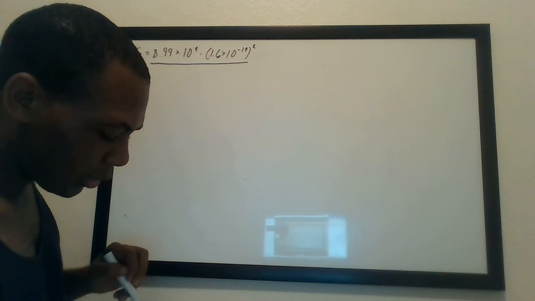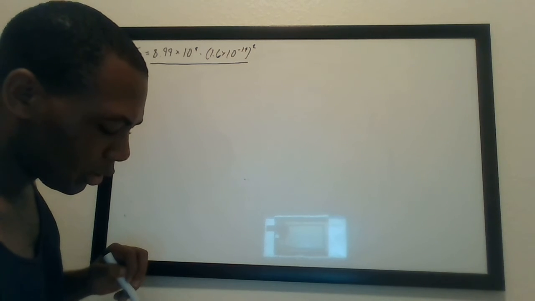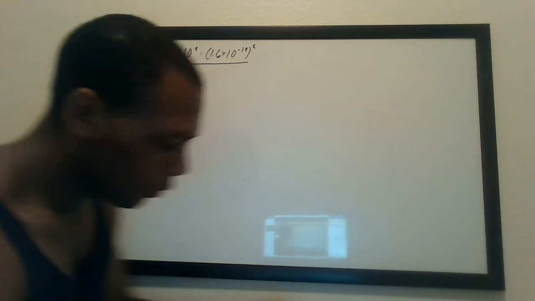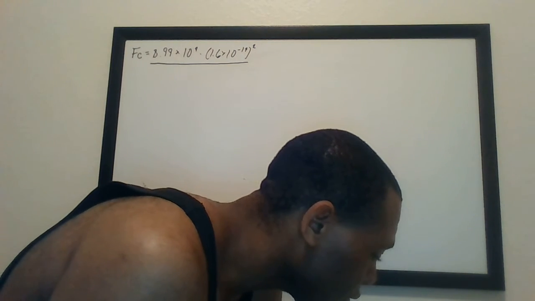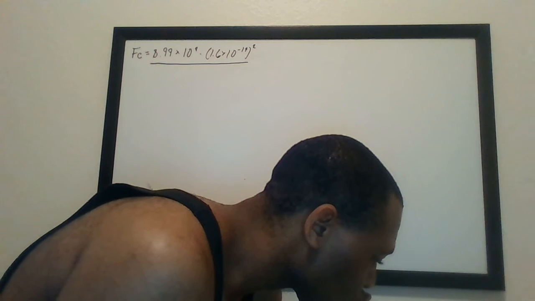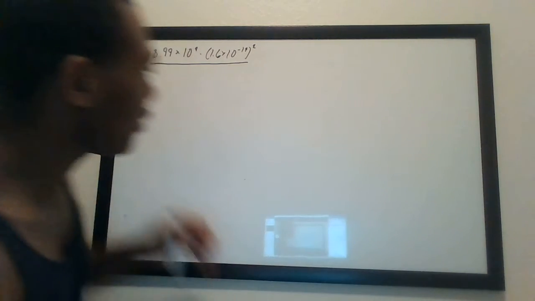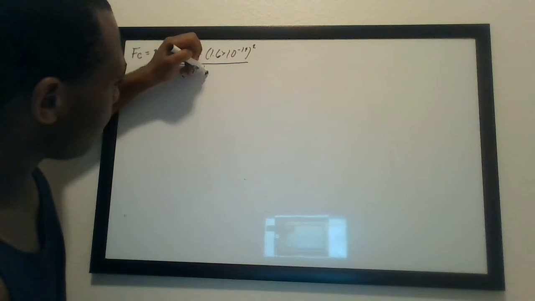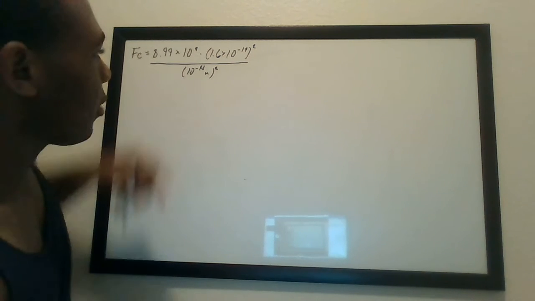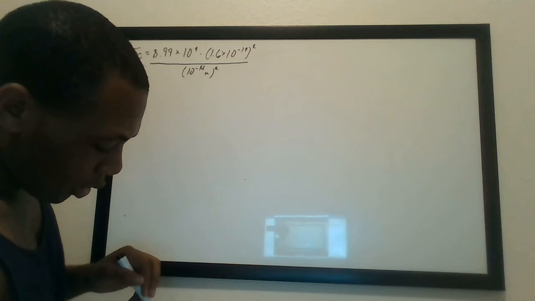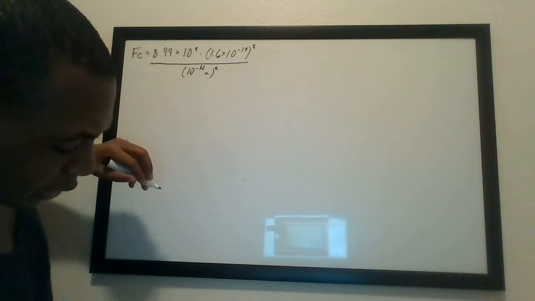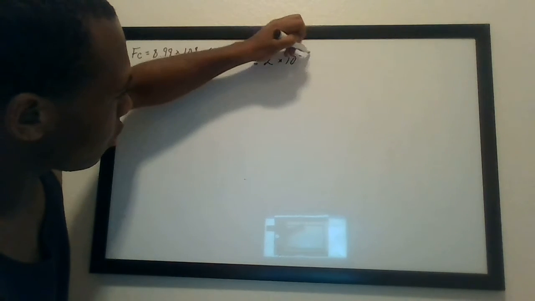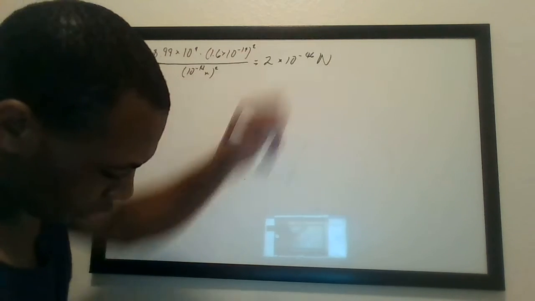The distance we had to look for was 10 to the minus 11, I believe. Nope, at a distance of 10 to the minus 14. So 10 to the minus 14 meters squared gives you 10 to the minus 28. So the total electrostatic force is something along the lines of 2 times 10 to the minus 46 newtons.